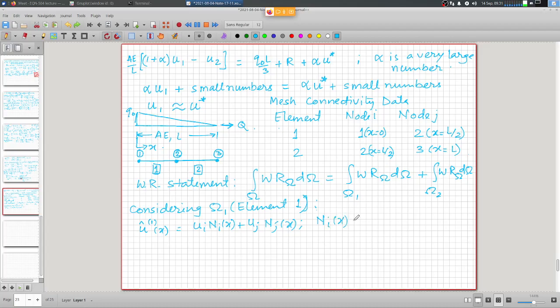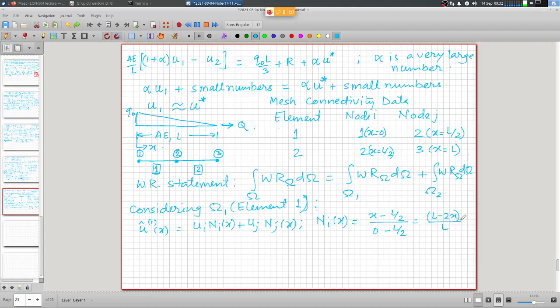Ni(x) is equal to (x minus xj) divided by (xi minus xj). Xj here is L by 2, so xi is 0 minus L by 2. So you have (L minus 2x) by L. Right?